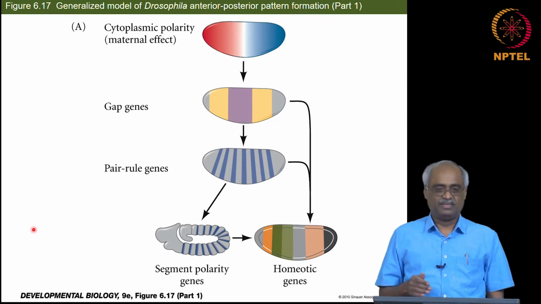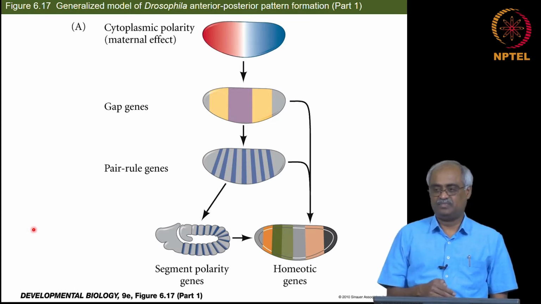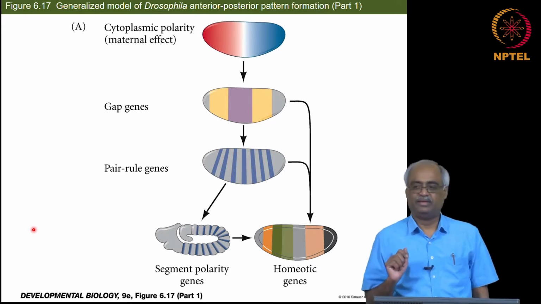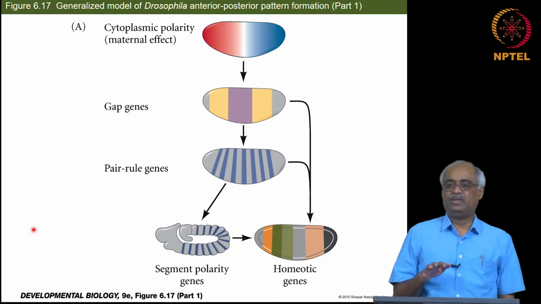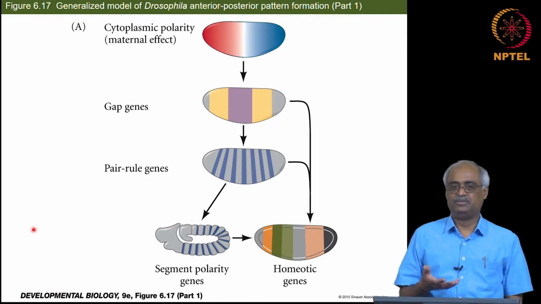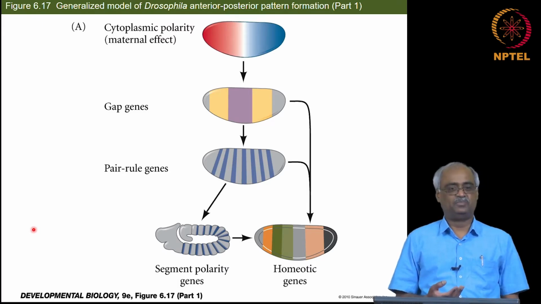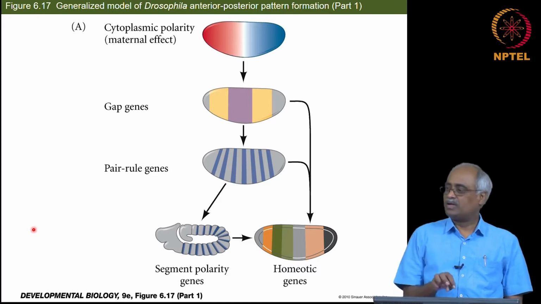See, initially you have a pattern established already of the asymmetric localization of bicoid and oskar in the oocyte. But that alone is not going to be enough to make a complex organism. You need to enlarge that asymmetry, and that asymmetry has to become very localized as well.